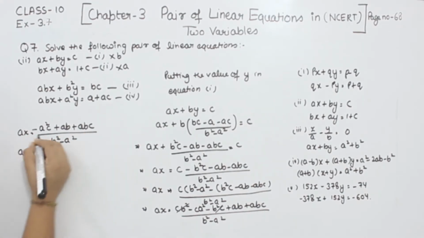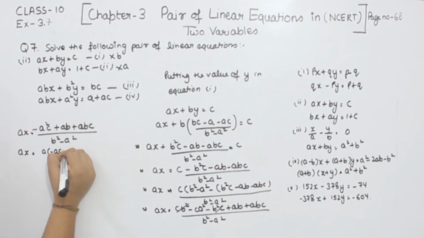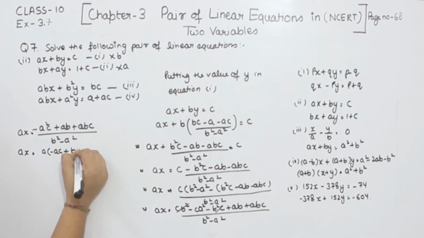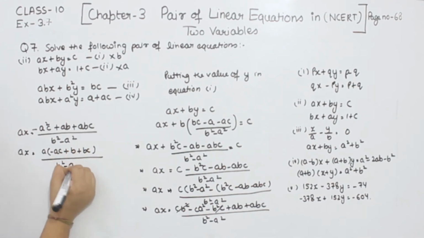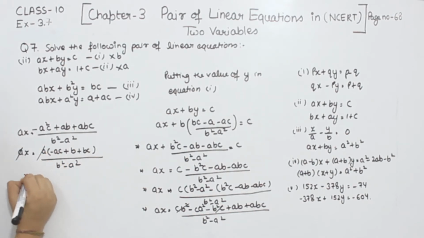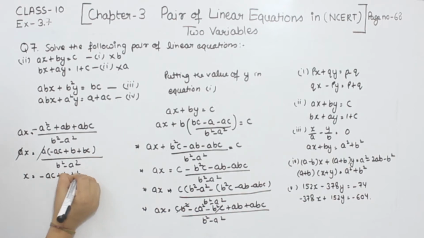So ax is equal to, taking a as the common, minus ac plus b plus bc, and here we have b square minus a square. So a is cancelled from a. So the value of x is minus ac plus b plus bc, divided by b square minus a square.